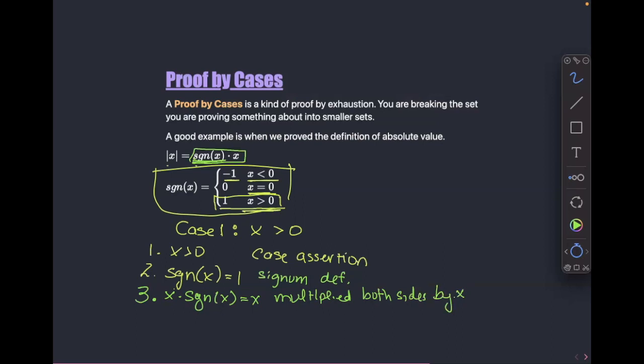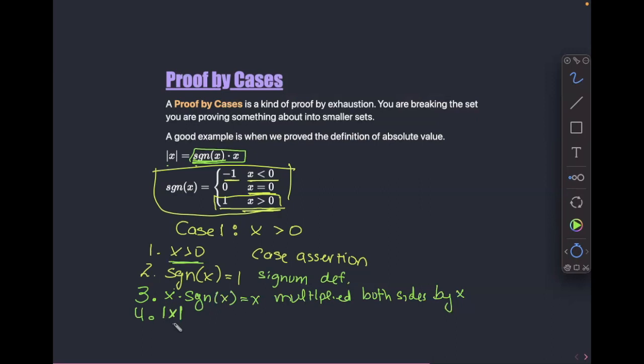Let's just leave that as it is. Now, looking at this fact that x is greater than 0, we can also ask what the absolute value of x would give me back.